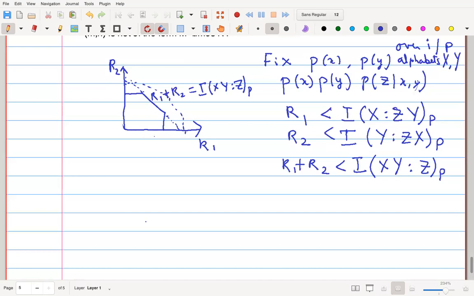Now it's intuitively clear: what is the best that Alice can hope to send to Charlie? Let us say Charlie has already decoded Bob. That is basically captured by Charlie having not only the output of the channel Z, but also Bob's input, the codeword corresponding to Bob's input, which is Y. Suppose this has happened by magic.